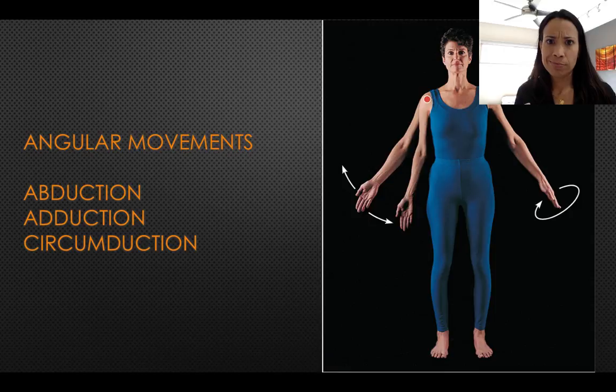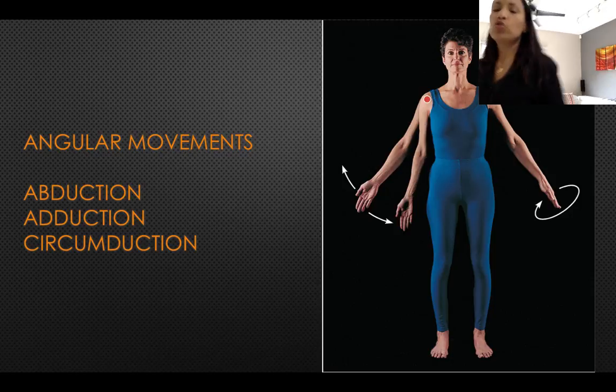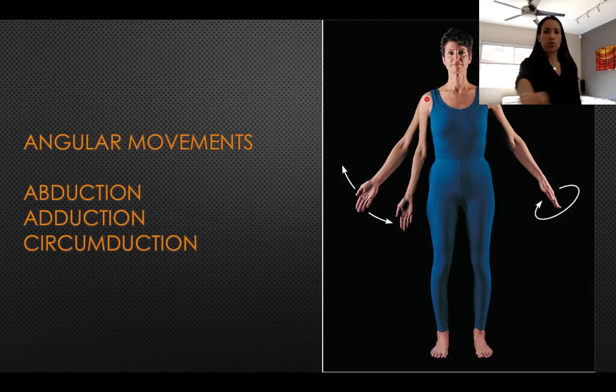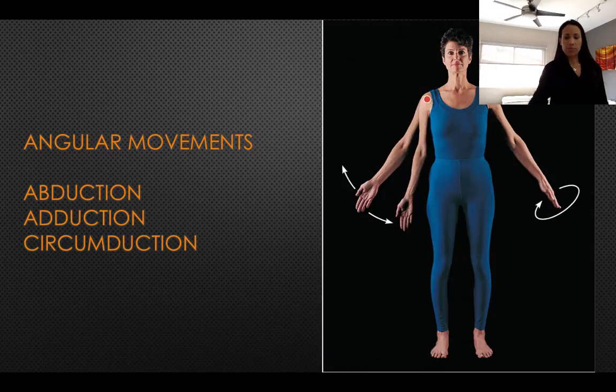Circumduction. I love these terms. Circumduction is a combination or a sequence of flexion, abduction, adduction, and extension. It's like you're going to draw a circle on the screen. I'm drawing a circle. So what I'm doing is flexion of the arm, then abduction, adduction, extension.